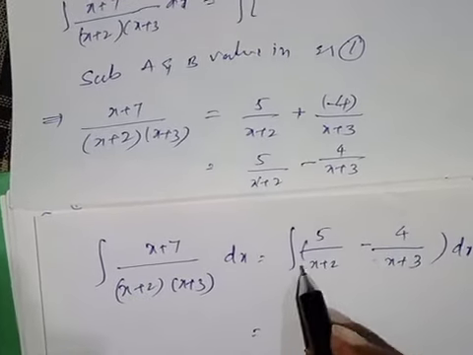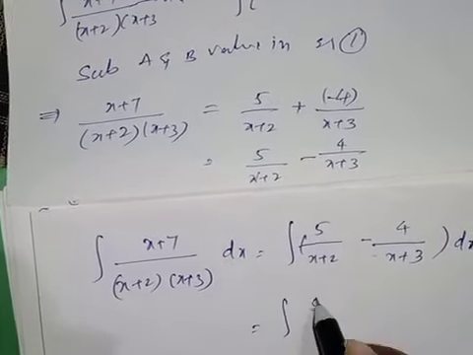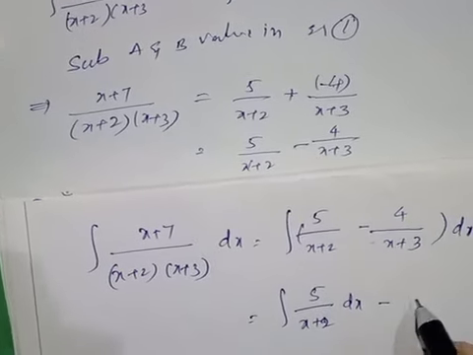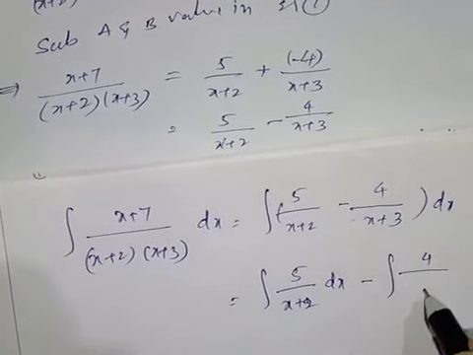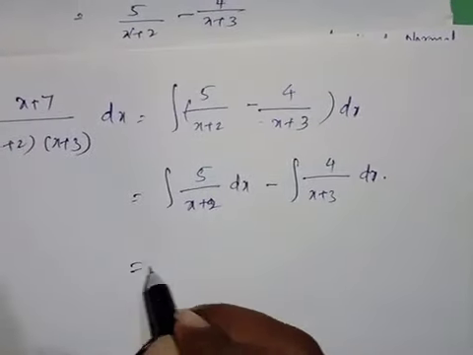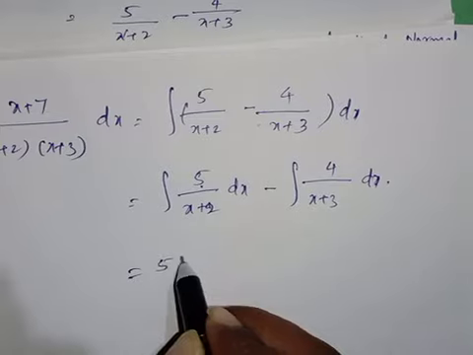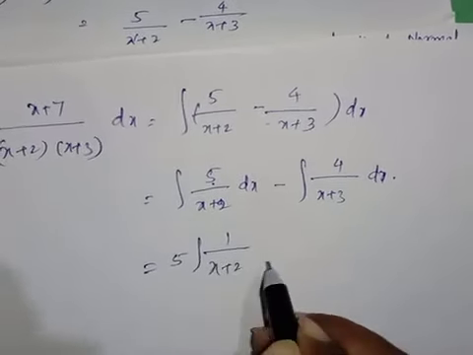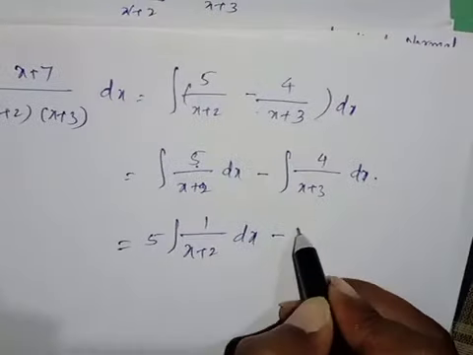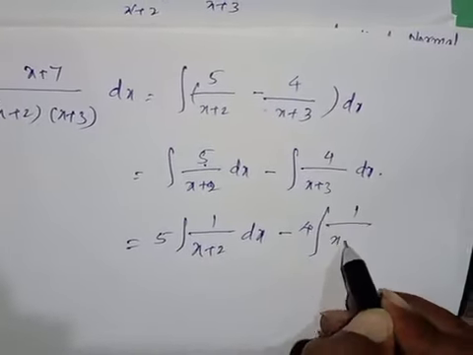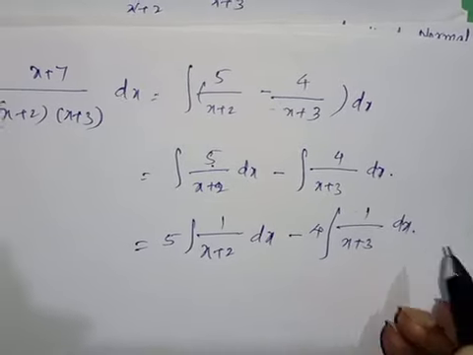Here split the integral: integral of 5 upon x + 2 dx minus integral of 4 upon x + 3 dx. Here 5 is a constant, take it outside: 5 into the integral of 1 upon x + 2 dx, minus, here also 4 is a constant, take it outside, the integral of 1 upon x + 3 dx.